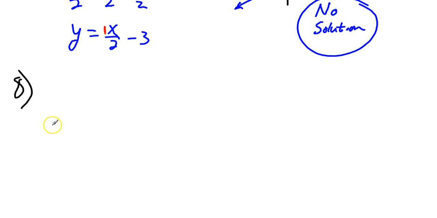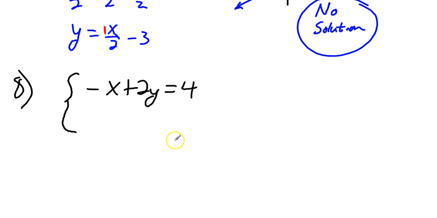All right, for number 8. Let's go with -x plus 2y equals 4, and y equals 1/2 x plus 3. Oh, same thing. Let me change colors up.